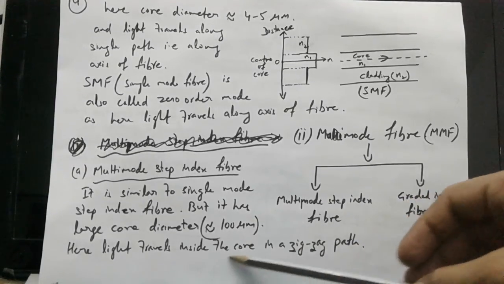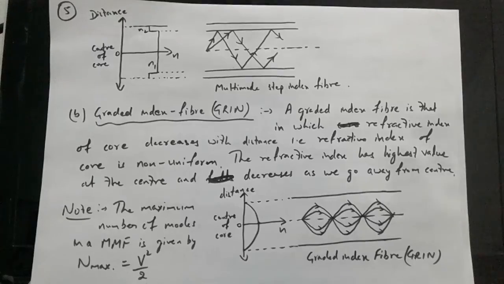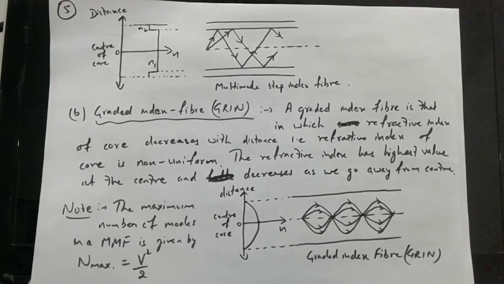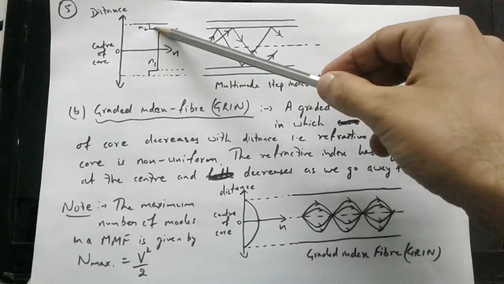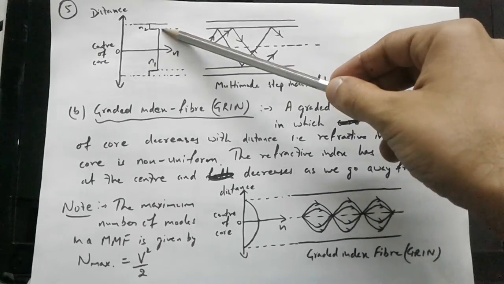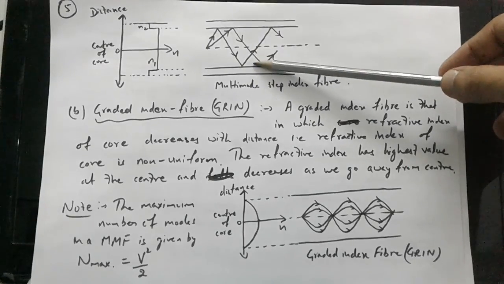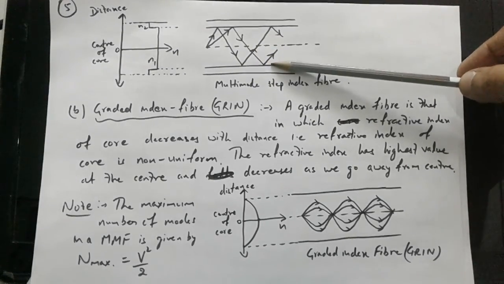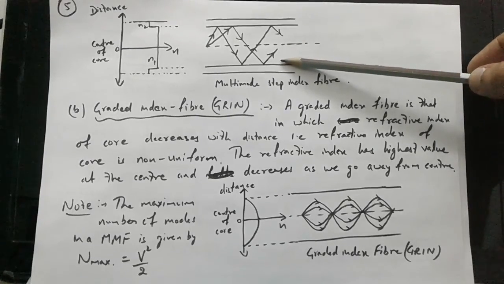So here light travels in a zigzag path. You can see here in the diagram that the diameter of the core is quite large. That can be seen from the shape of this optical fiber. Here core diameter is large.